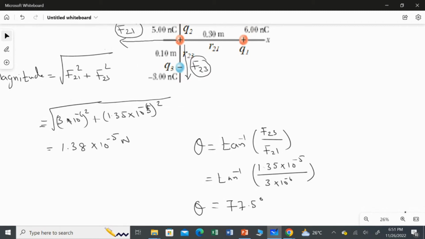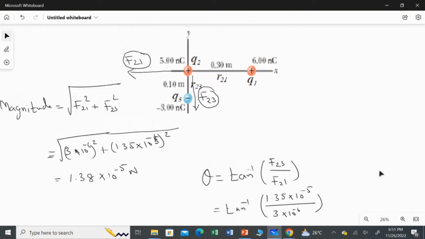So which quadrant does this angle lie in? If you see the complete figure, we have 3 quadrants, am I right? This is your first quadrant, this is your second quadrant, this is your third quadrant, this is the fourth quadrant. So that means your answer lies in the third quadrant.